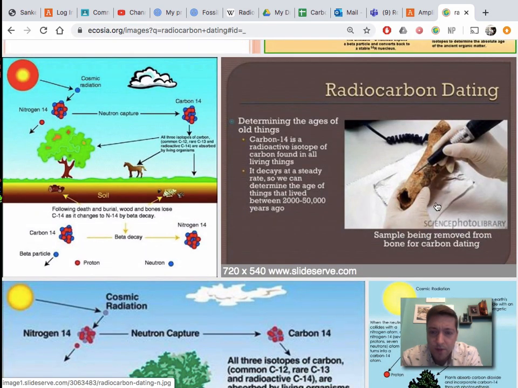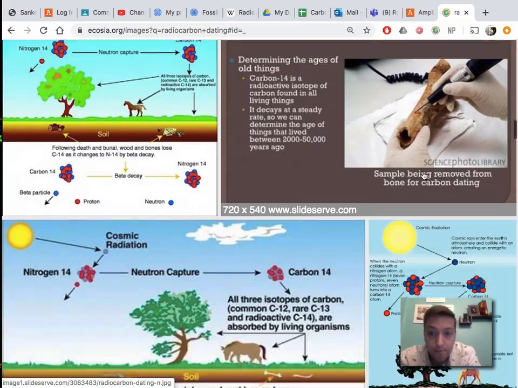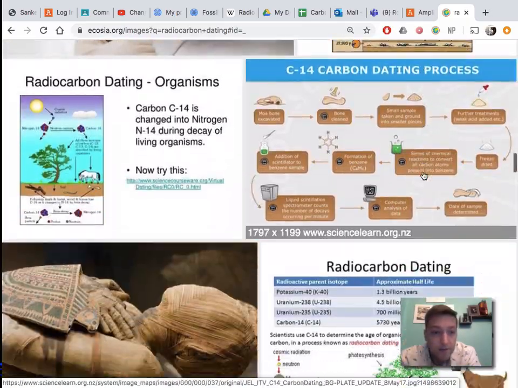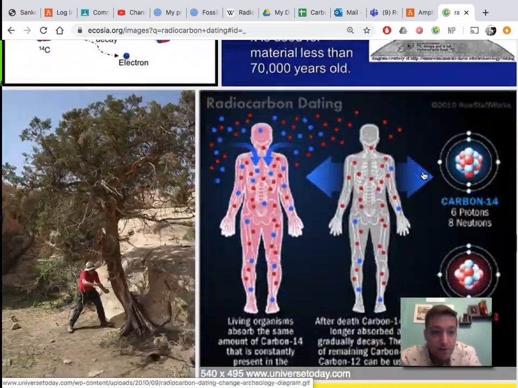Basically, once you send it into the lab, you take a very, very tiny piece of the fossil, a little sample. Let's go to the example of the saber tooth.